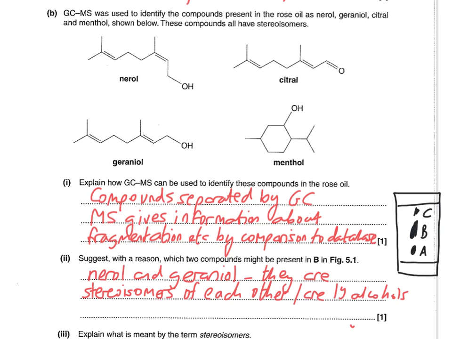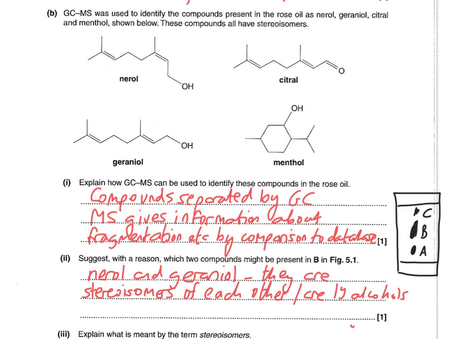So to answer the next part, which says suggest with a reason which 2 compounds might be present in B in figure 5.1, I've reproduced figure 5.1, and it's quite clear that B is more of a smudge than a spot. So that suggests there might be more than one compound present in spot B. In addition, the fact that they're travelling up together, not separating out, must mean they have similar retention factors, which means they have similar properties, which means they'll have similar functional groups.